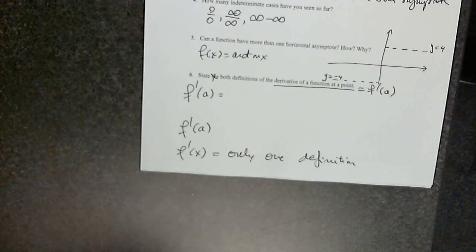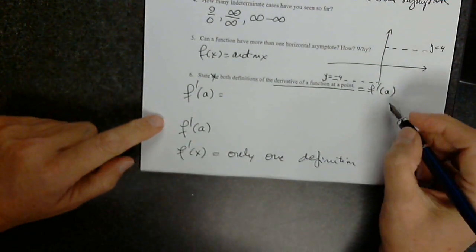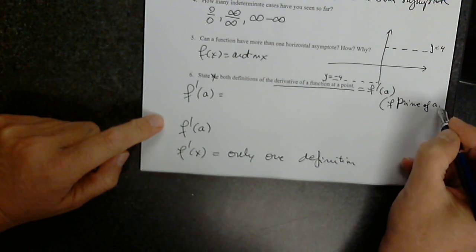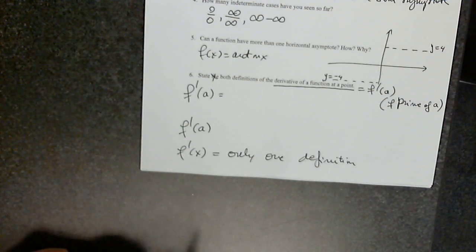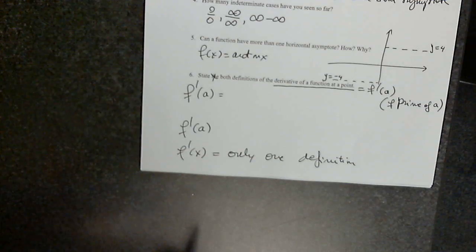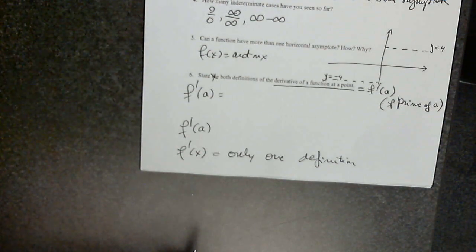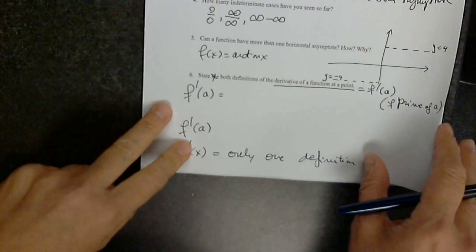Is that a little 1? Yes, it's like a 1, but it's not 1. It's just 1 bar. 2 bars will be the second derivative. 3 bars will be the third derivative, and so on. So it's like a little hash.